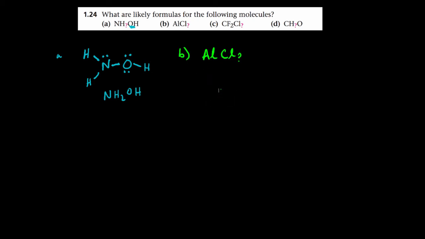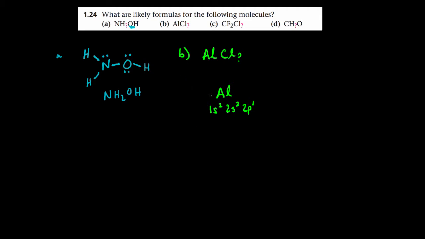So aluminum, if we look at the periodic table, and I don't have it handy here, you'll see that aluminum has 3 valence electrons. So let's just really quickly write out its electron configuration. It's 1s2, 2s2, 2p1.